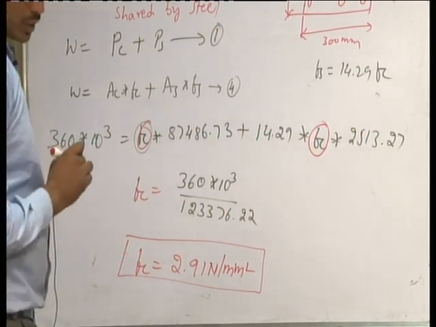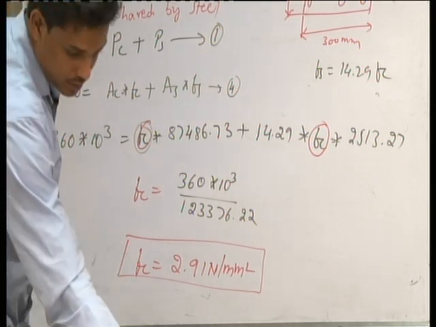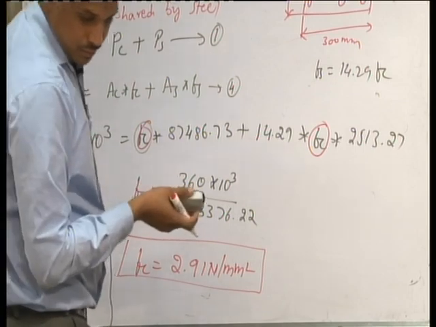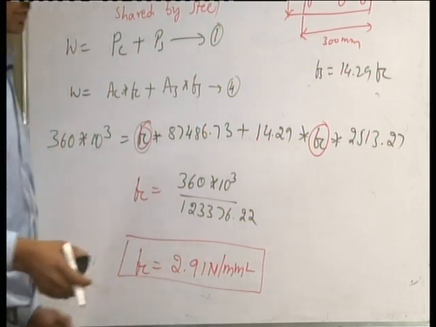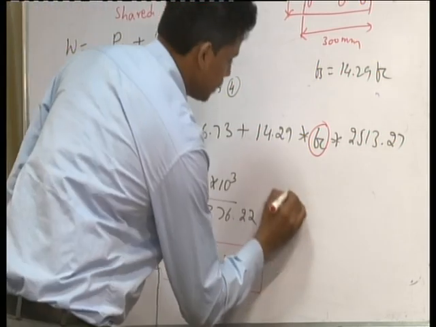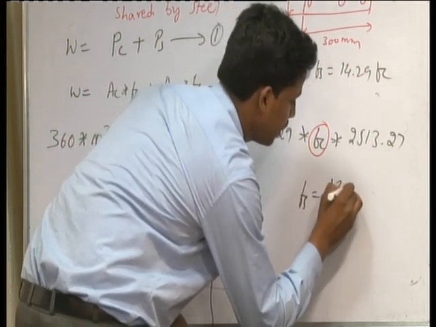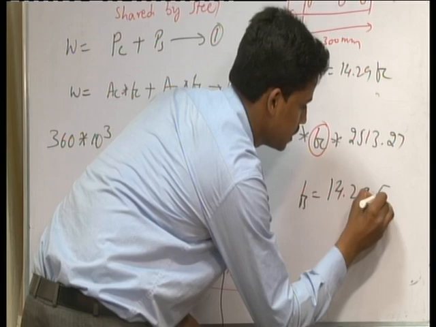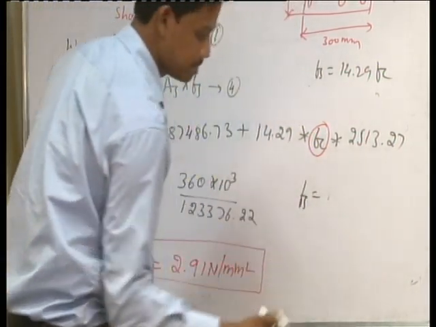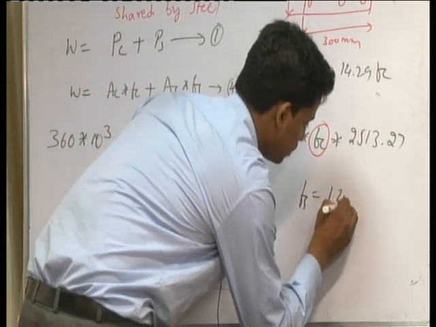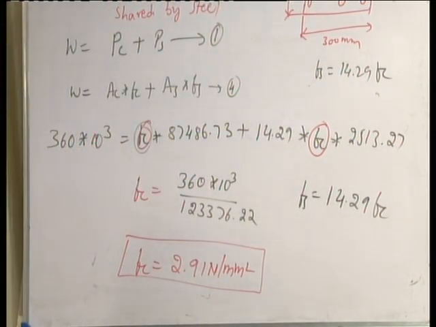In the same way, we know the expression for steel, Fs is equal to 14.29 into Fc.